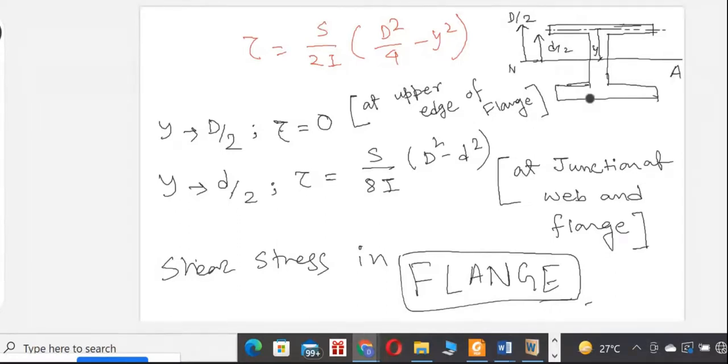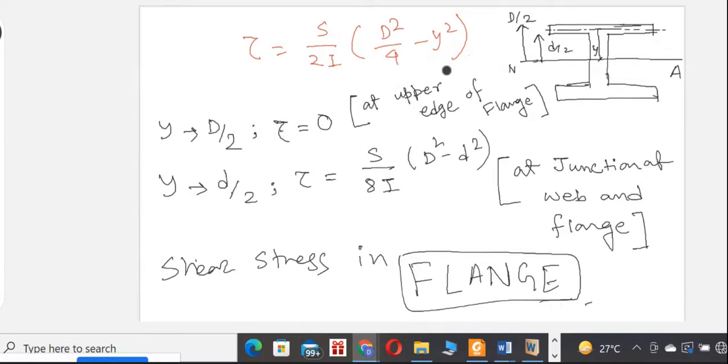Because that's what the formula says. For the rectangular portion, what did you consider as the I value? Go and have a look once. So 1 by 12 BD cube. B is the total width, D is the total height, so for the neutral axis we used BD cube by 12.